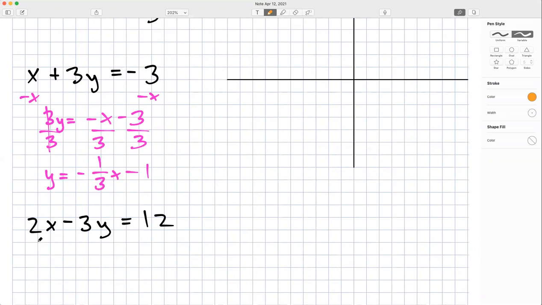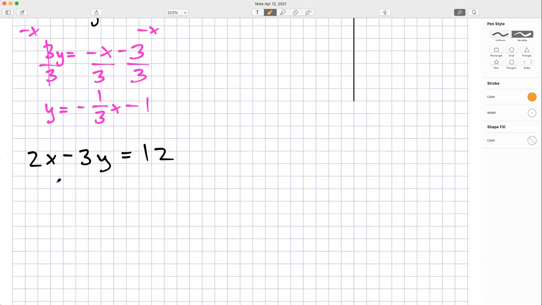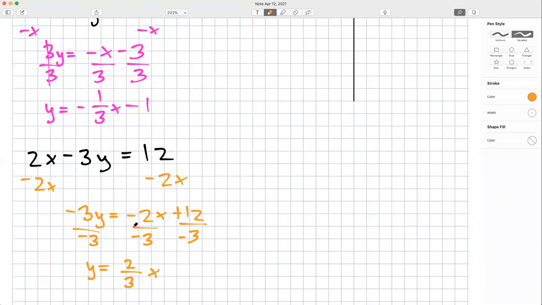Take this and take that 2x over. -3y equals -2x plus 12. Divide every term by -3. And then you've got y equals, that would be a positive 2/3 x, because a negative divided by a negative becomes a positive, and then plus 12 over -3, so that would be -4.